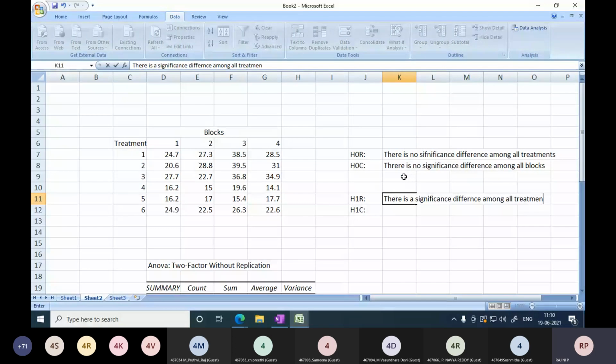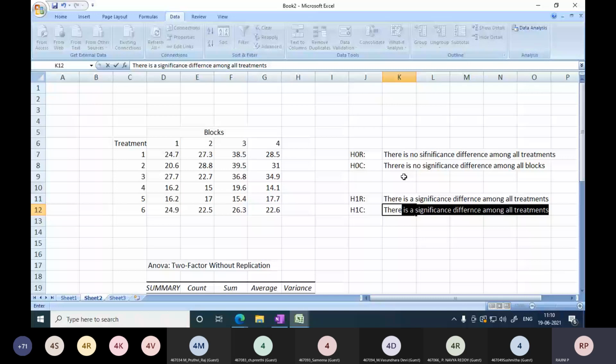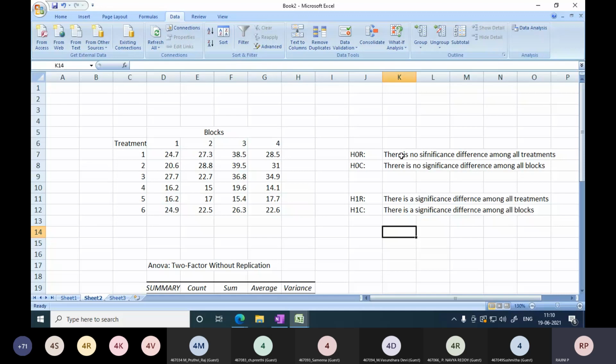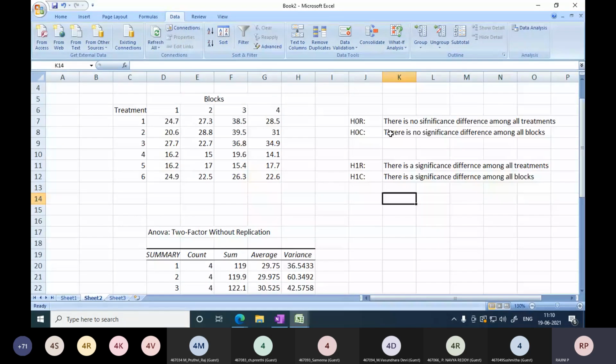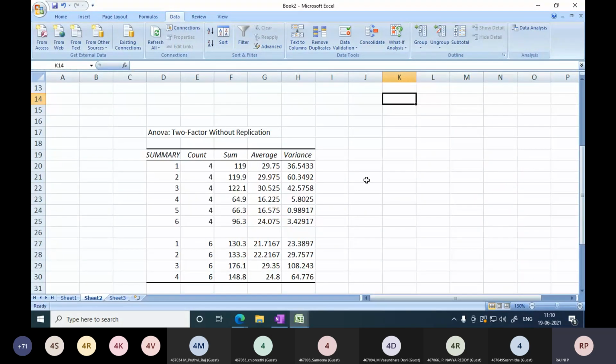And there is a significant difference among all blocks. Got it, everybody? Did you understand how to write the hypothesis? After writing the hypothesis only, go to the procedure, data analysis, all those things. Don't forget to write the hypothesis. It is important.